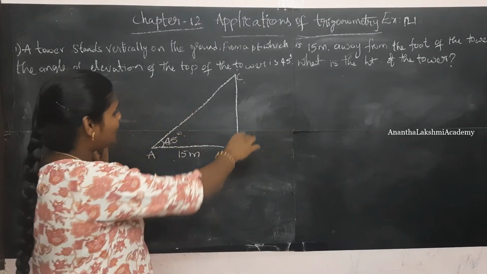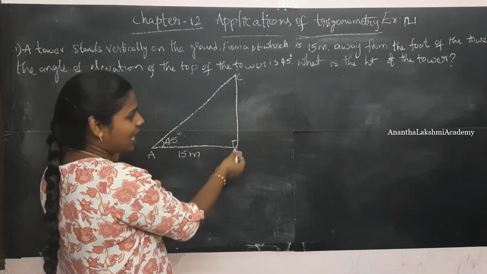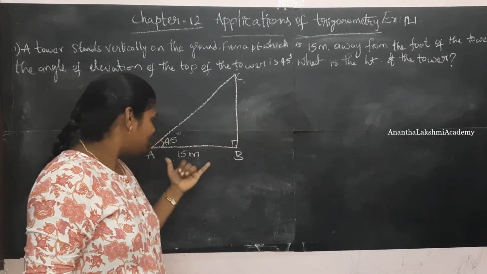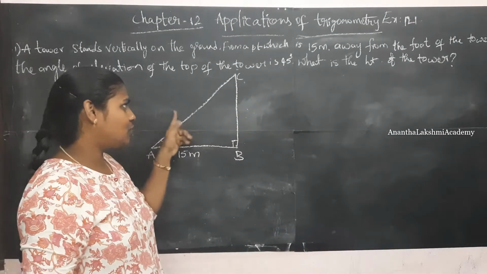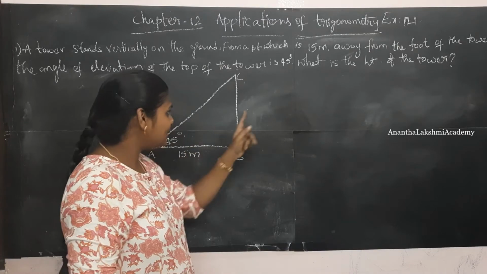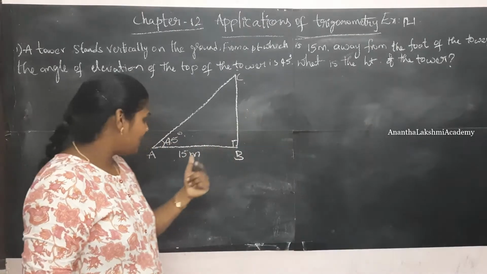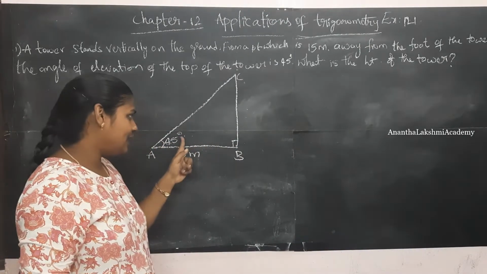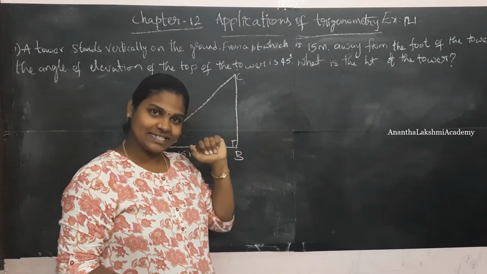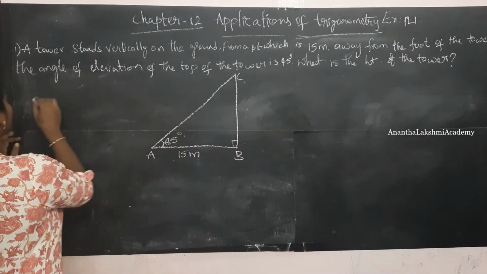Can we use sine? Sine is opposite by hypotenuse. We do not know the hypotenuse. So can we use tan? Tan is opposite by adjacent. Now we know the angle and we know one of the sides. Can we figure this out? Yes. So let's do that.